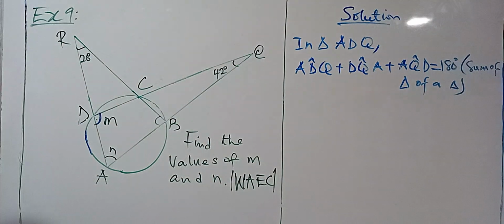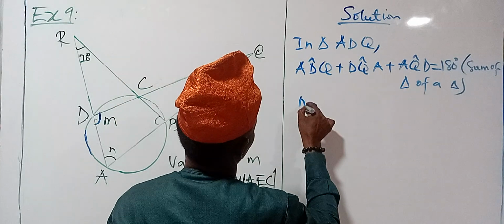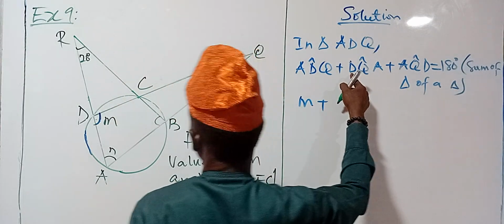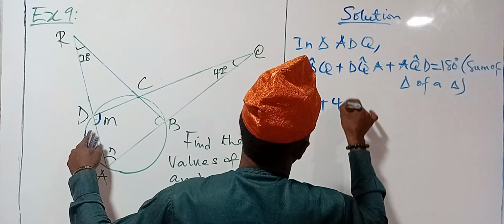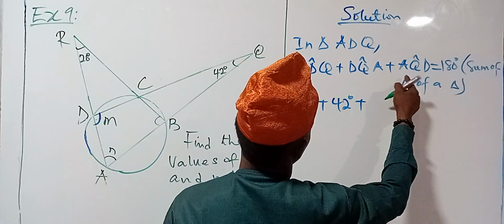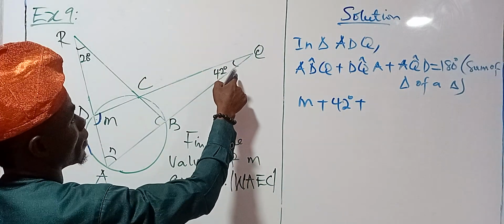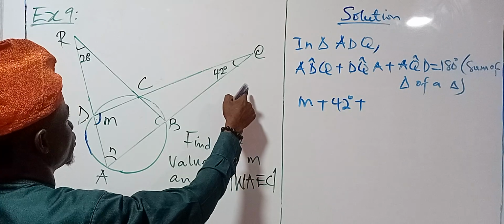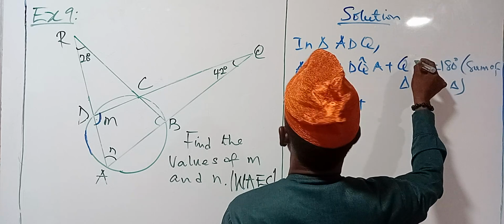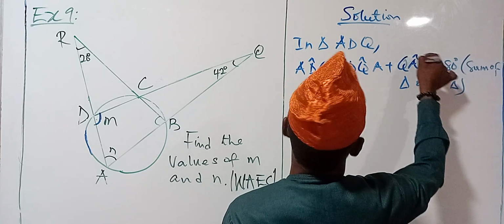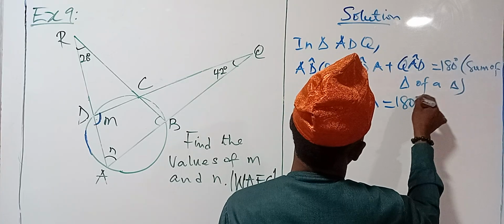Now, what is angle ADQ? Angle ADQ is N, plus angle DQA, which is 42 degrees, plus angle DAQ, which is M, then equals 180 degrees.